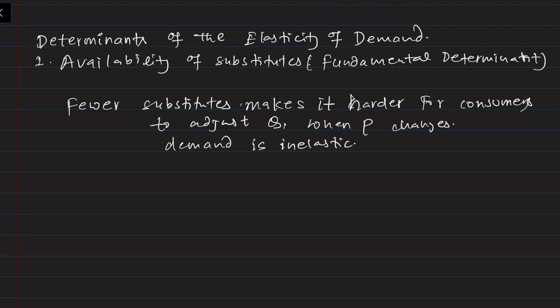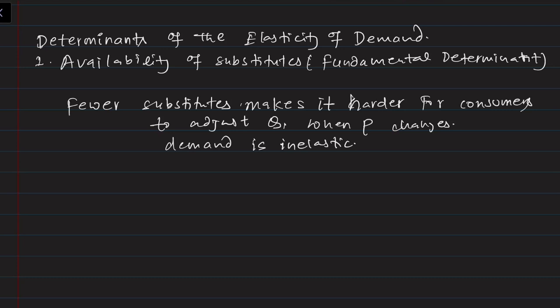For example, what is the substitute for food? You could say drink could be a substitute for food, but this is not so logical, I would say. So there are not many substitutes for food, right? So in this case, the demand is inelastic.